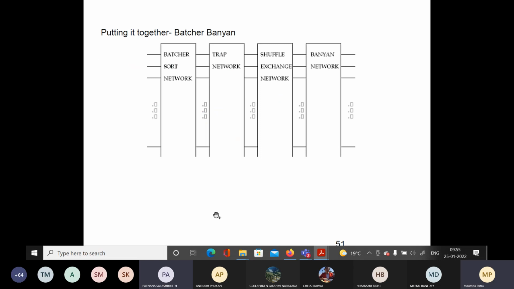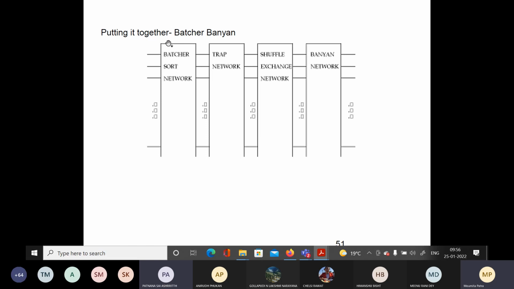Let me show you how, if you put everything together, you get your Batcher Banyan. We call it a Batcher Banyan because you have all of these parts here and the sorting is happening as a batch here.